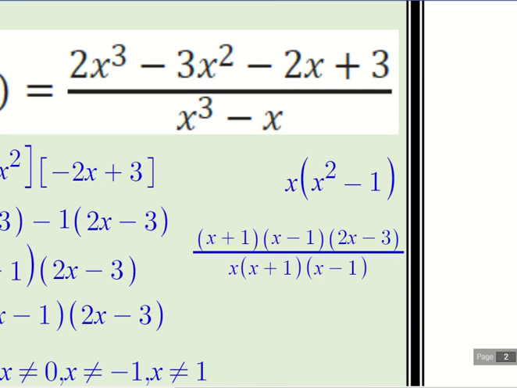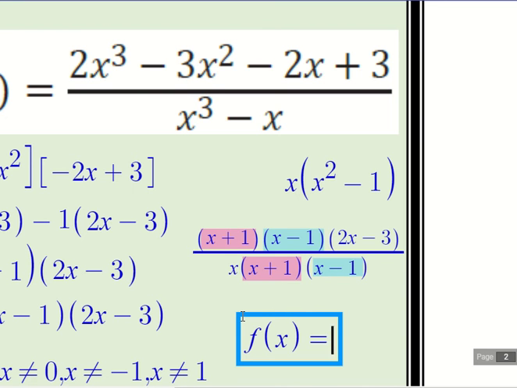Now we can go through and find what we can get rid of. Here, we've got x plus 1 with x plus 1. We also have x minus 1 with x minus 1. So our function, f of x, equals, in the numerator, we still have 2x minus 3.